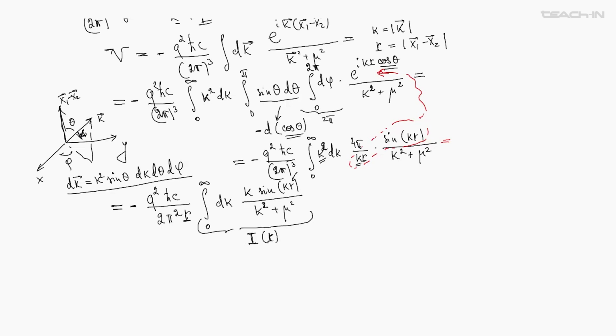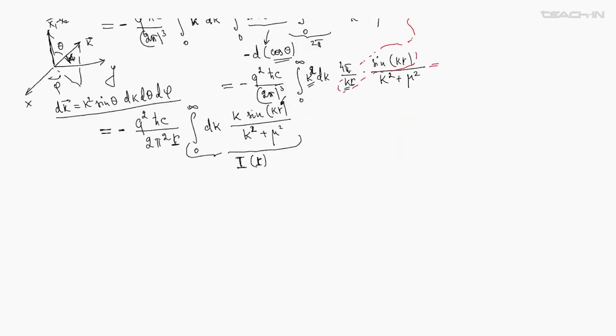This integral can be computed by using the Cauchy residue theorem. Cauchy residue theorem, this can be done very easily. This is, in fact, a standard integral you compute in the exercises in the theory of complex variables.